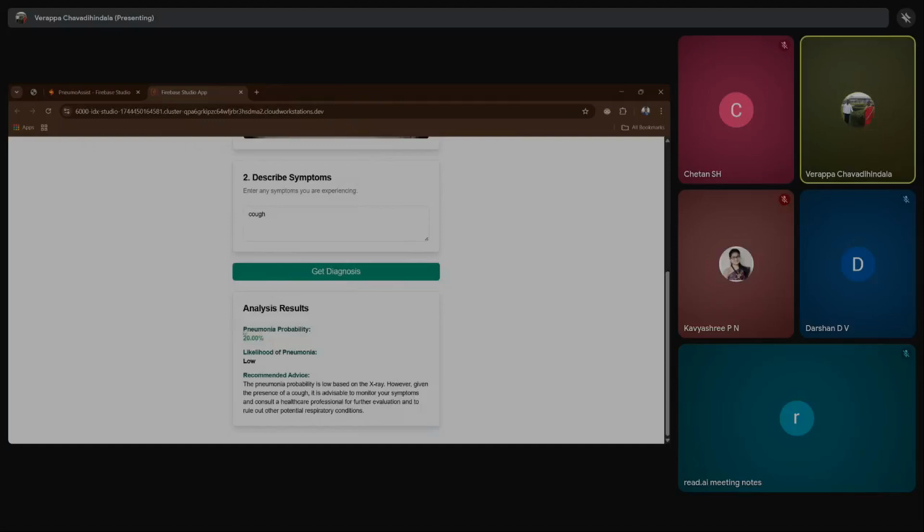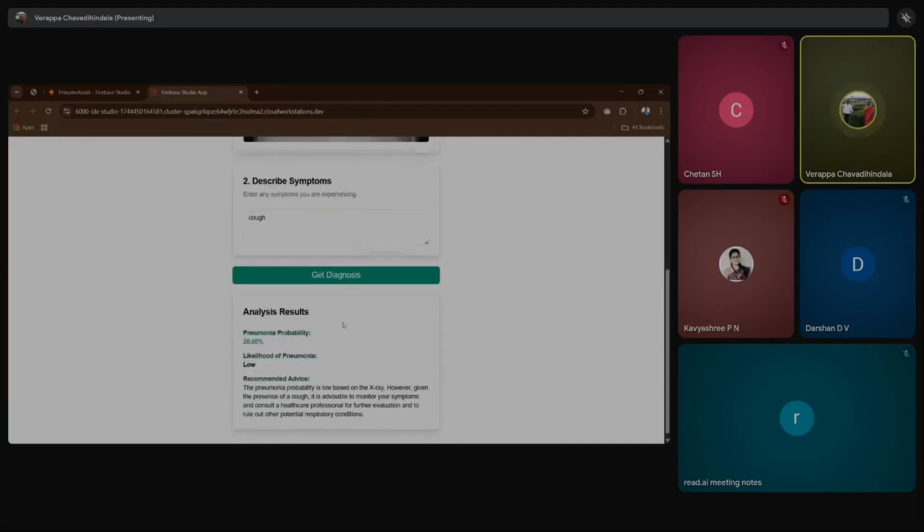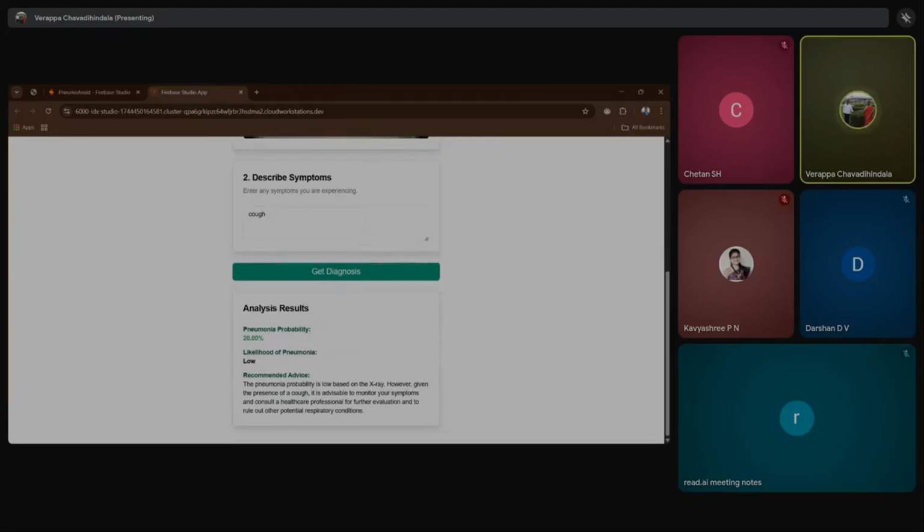So for this X-ray, it is showing that the pneumonia probability is 20 percent. The likelihood of pneumonia is very low in the provided X-ray, and it also gives a recommendation at the end of the diagnosis. The pneumonia probability is low based on the X-ray.